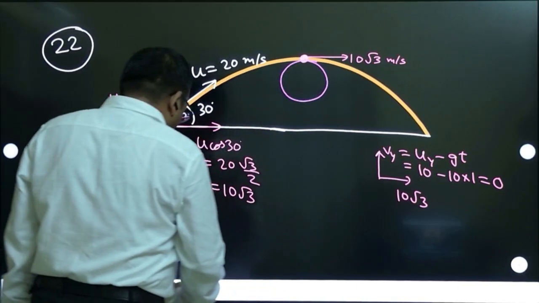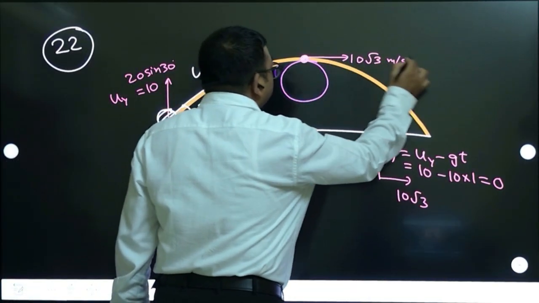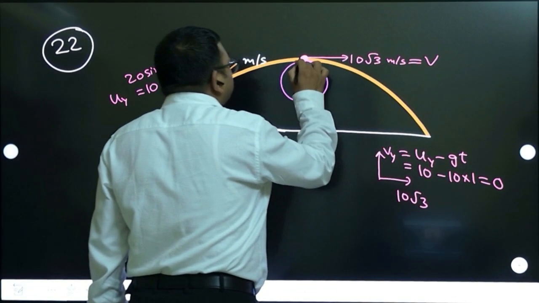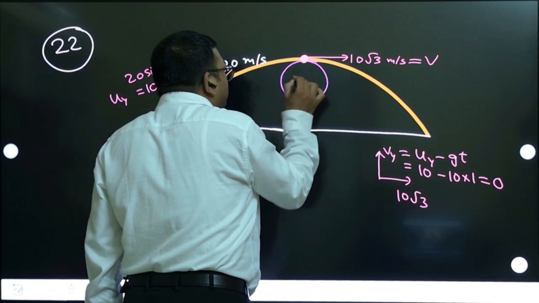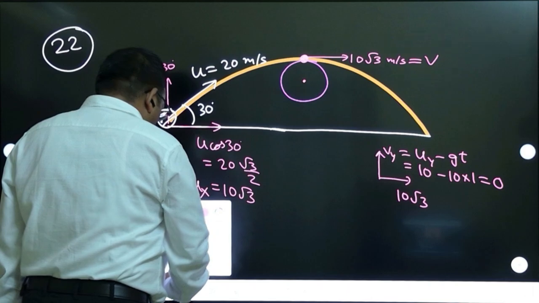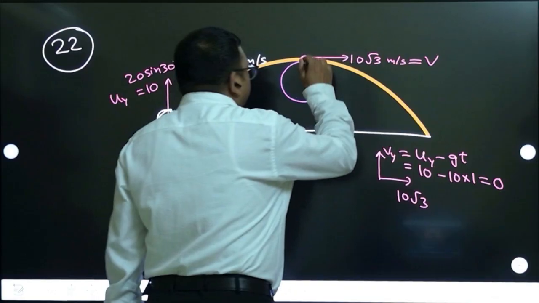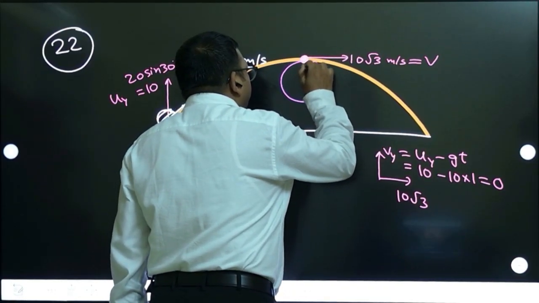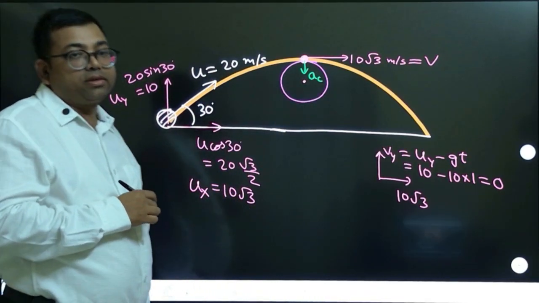Now in this instantaneous circle, we have to keep this as the velocity. This is the velocity right now. We know the center of the circle will be here, and the velocity is always along the tangent, and this acceleration must be centripetal, which means it will be this way. Correct. This is the centripetal acceleration.